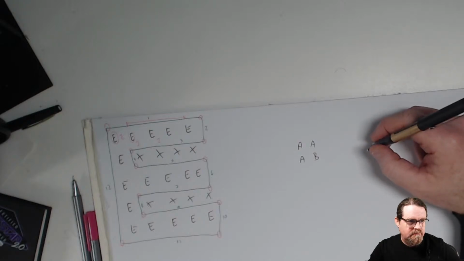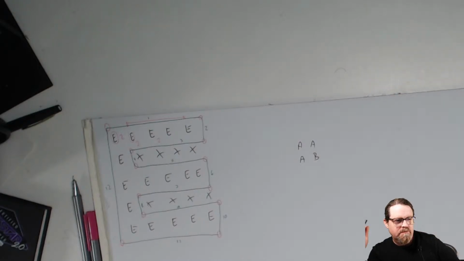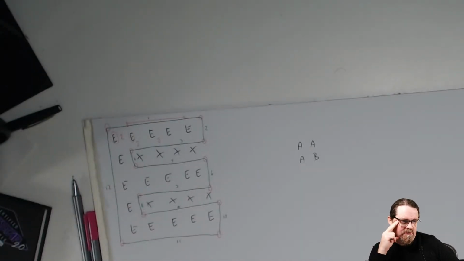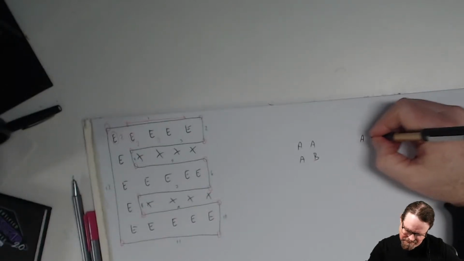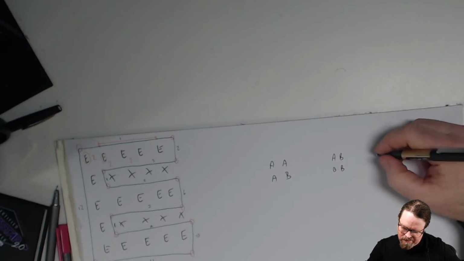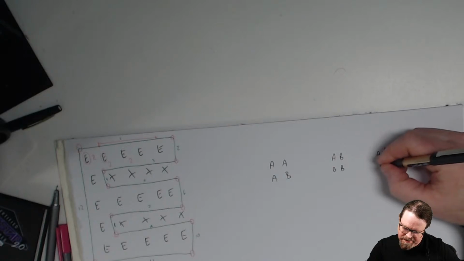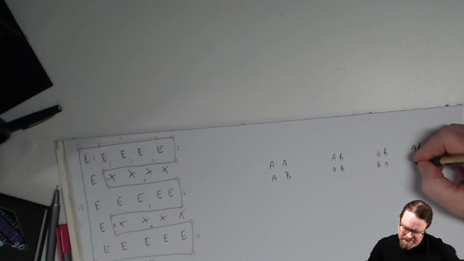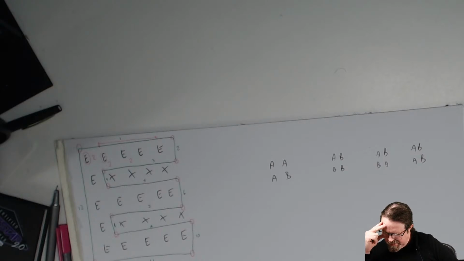The way most others have done it is to walk the perimeter and monitor turns. Yeah, boring. A, B, B, B. A, B, B, A. There are 1, 2, 3, 4 cells, so there'll be 2 times 2 times 2 times 2, so there'll be 16 combinations, 16 different arrangements of cells.